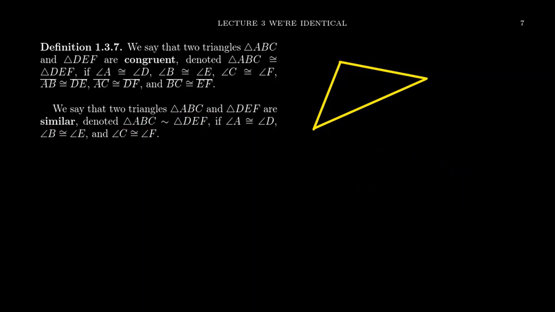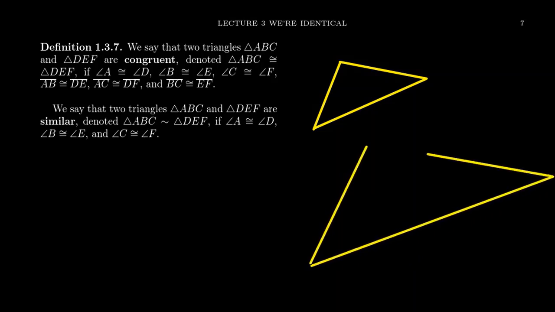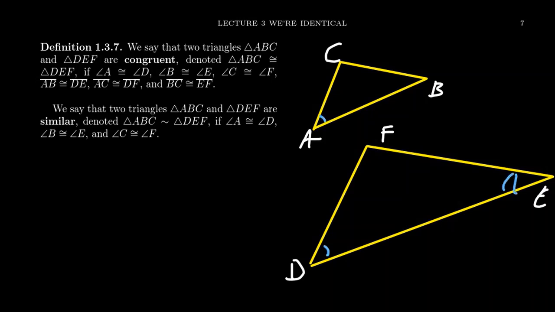For example, we could draw a picture like the following. So drawing back our labels here, so we have A, B, C, and we have D, E, F. And I apologize if this picture is not perfectly drawn to scale, but you'll notice that angle A is still congruent to angle D, angle E is still congruent to B, and angle C is still congruent to F. So these triangles are similar to each other, but they're not congruent.